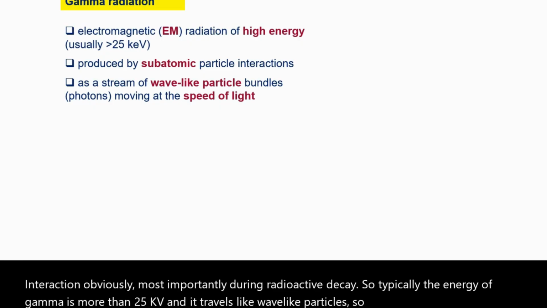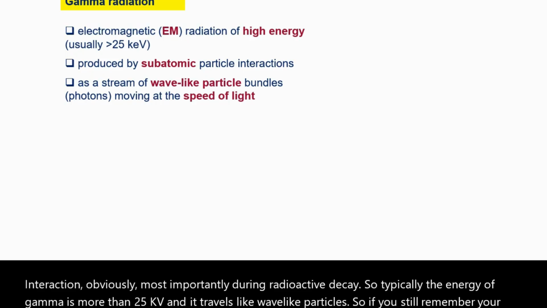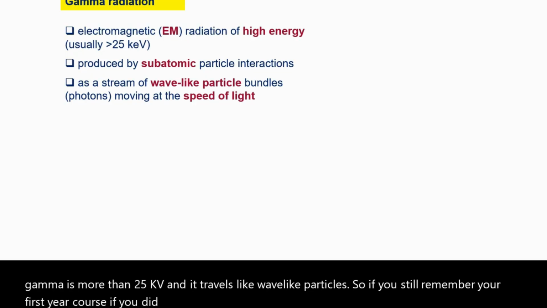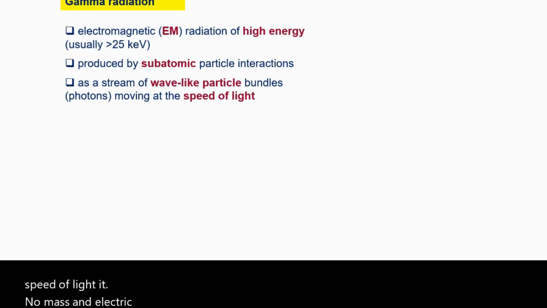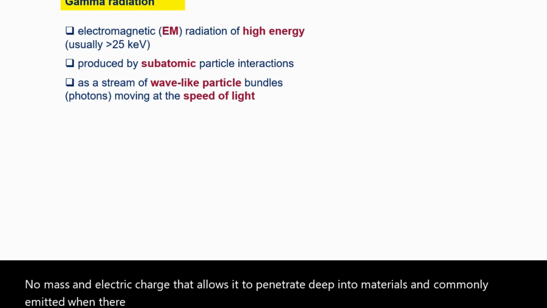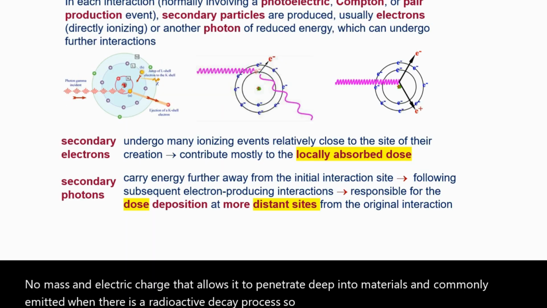If you still remember your first year physics course, ZCT104, it travels as wave-like particles at the speed of light. It has no mass and no electric charge, which allows it to penetrate deep into materials, and it is commonly emitted during a radioactive decay process. So that's gamma for you.